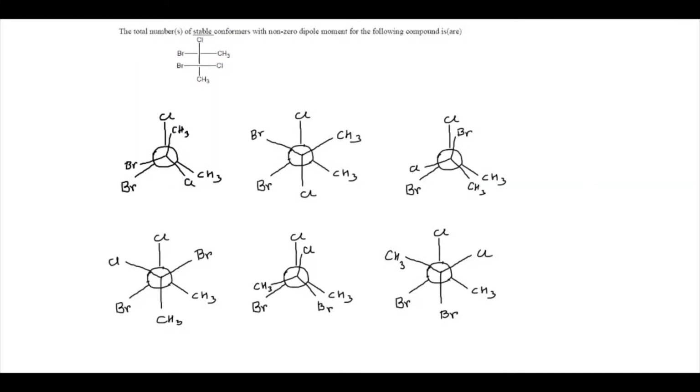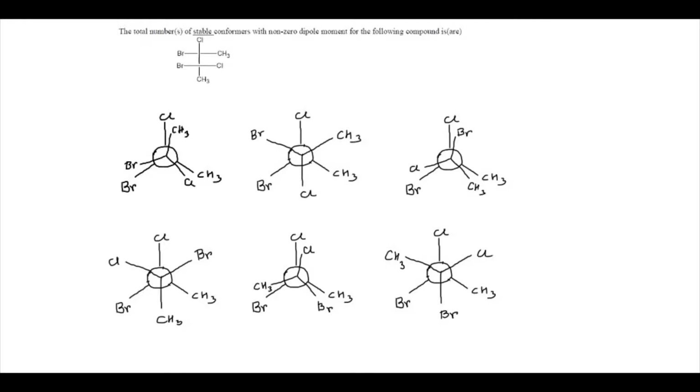In this question, we have to predict the total number of stable conformers with non-zero dipole moment for the following compound. Now, to understand that, we have to draw all the possible conformers. What we have to keep in mind is that the conformers must be stable and must have a non-zero dipole moment.